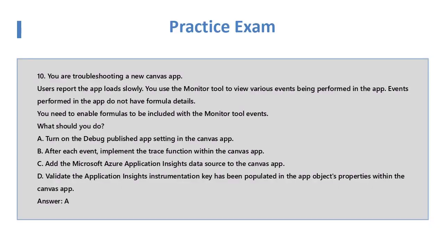B. After each event, implement the Trace function within the Canvas app. C. Add the Microsoft Azure Application Insights data source to the Canvas app. D. Validate the Application Insights instrumentation key has been populated in the app object's properties within the Canvas app. Answer: A.